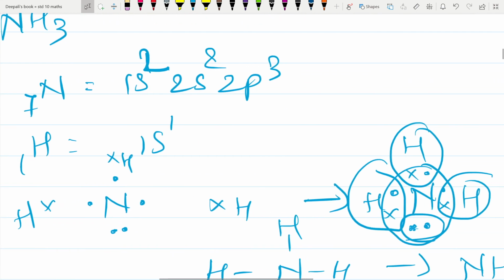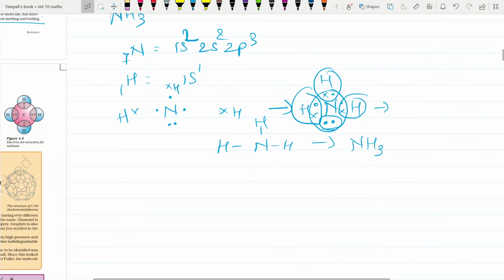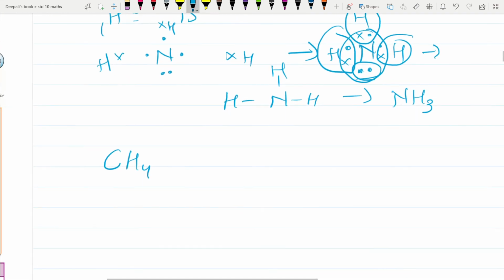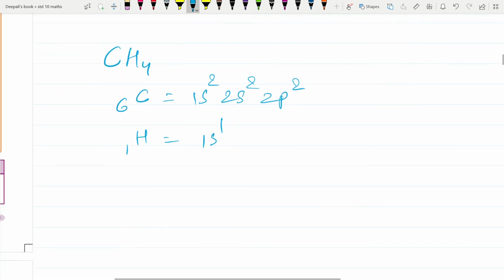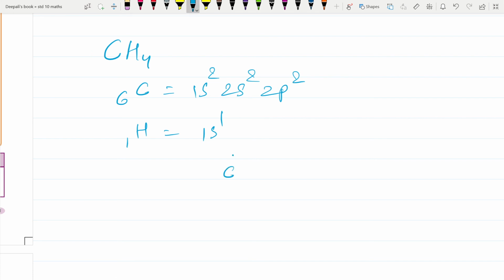Now let us understand the structure of methane in detail. So CH4, where carbon is 6, 1s2, 2s2, 2p2. Hydrogen is 1, 1s1. Now if I try to observe, then the structure of carbon will be something like this and hydrogen will be something like this. If I show the bonding, I get this.